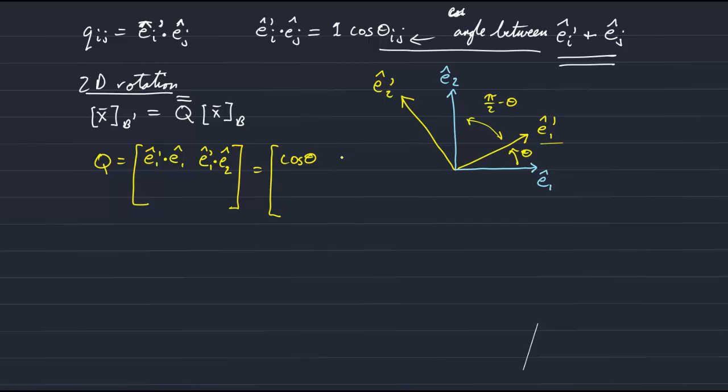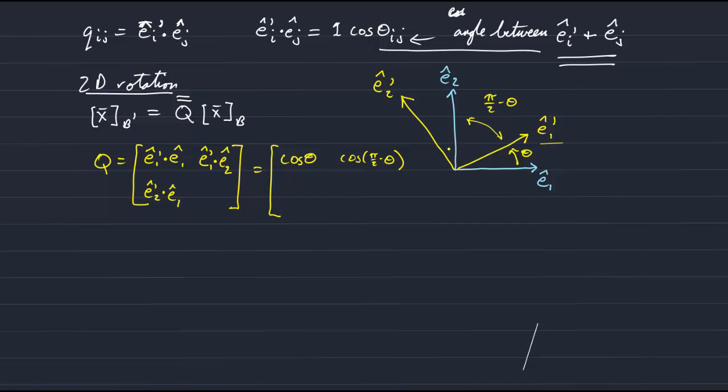And so this is cosine of pi over 2 minus theta. e-hat-2 prime dotted with e-hat-1 is equal to the cosine between e-hat-2 prime and e-hat-1.